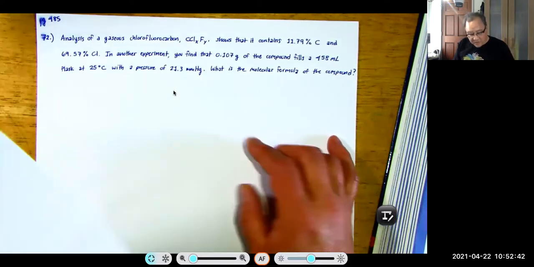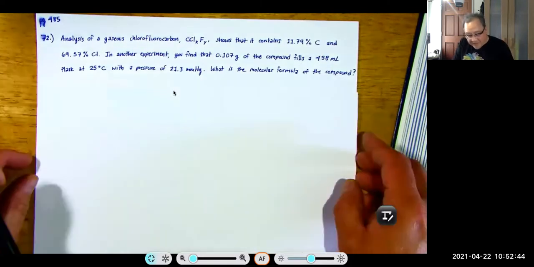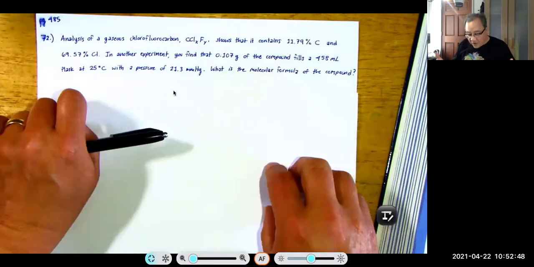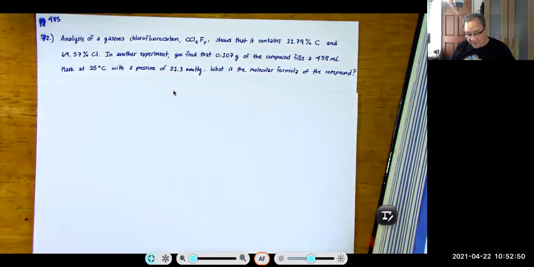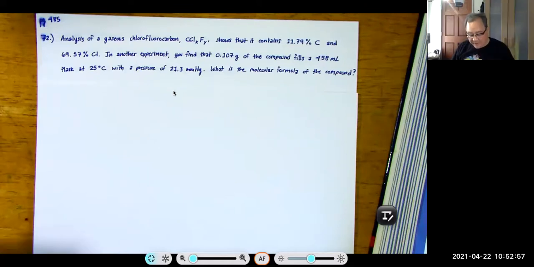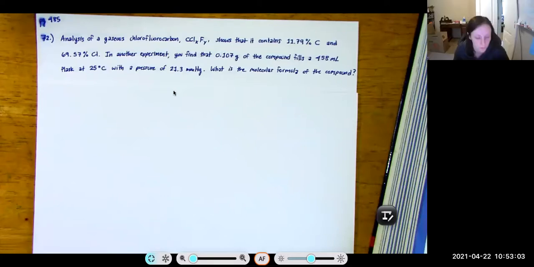So if you think about 11.79 and 69.57, those clearly do not add up to 100%, do they? No. So what is the balance of this chlorofluorocarbon in that missing percentage? What element is that? We're missing fluorine.